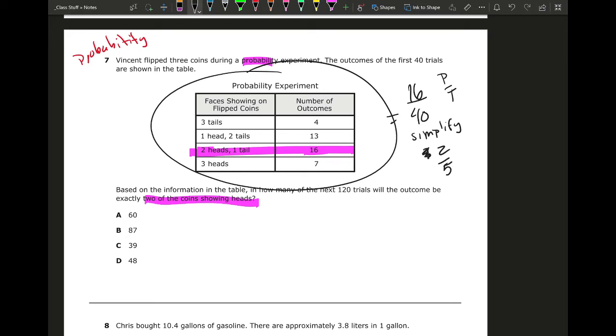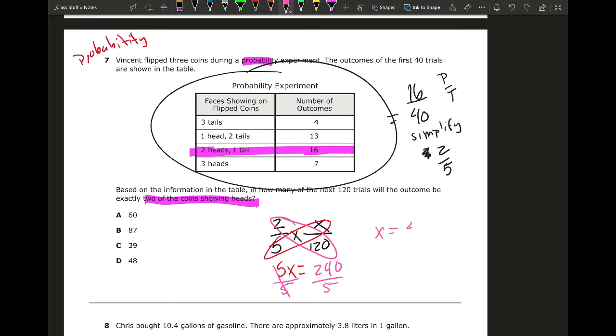That's going to be my probability of the experiment done. Now, if I want to find what will happen after that, because we're going to do it 120 times, we're going to multiply my probability times 120 over x, like that. This is something that we learned before, right? So now we have to do cross products. We're going to multiply these 2. That's going to be 5x. And then we're going to multiply these 2. 120 times 2, which is 240. Now, when I divide by 5, I've got to do it on the other side as well.